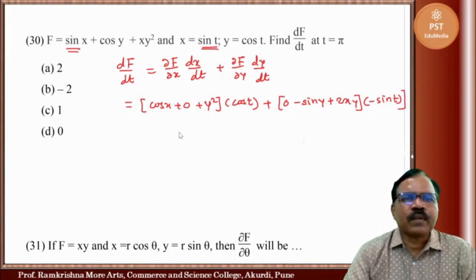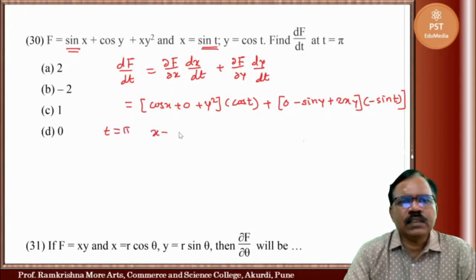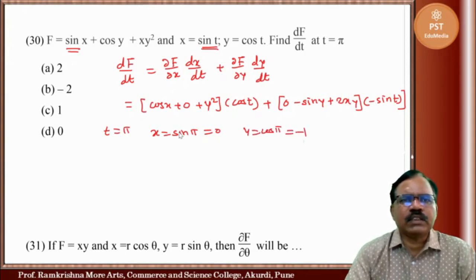Now see here, t is equal to pi, so x is equal to sin pi, that is 0, and y is equal to cos pi, that is equal to minus 1.